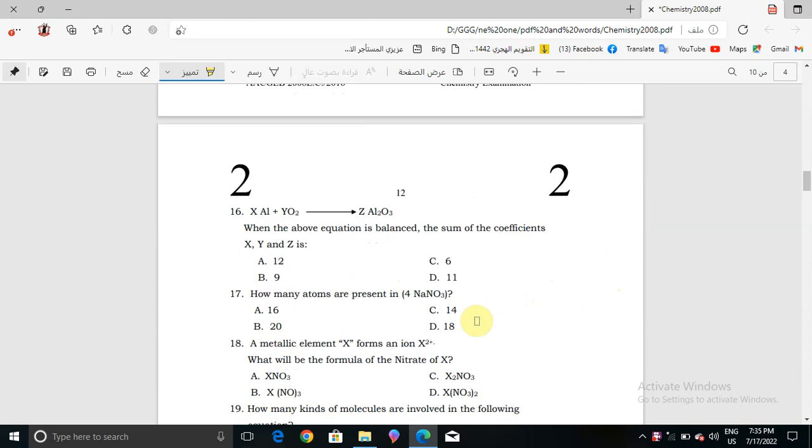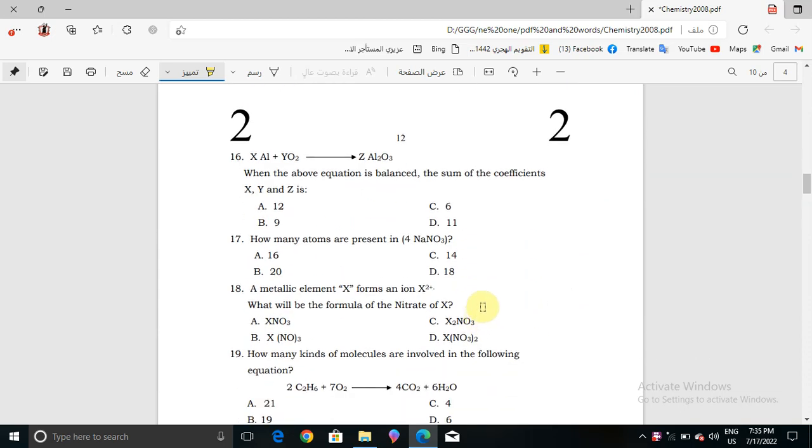Now question number 16, we have here what? Here we don't know the coefficient of aluminium, plus also we don't know the coefficient of oxygen, is equal to the same thing, the coefficient of aluminium oxide. Then when the above equation is balanced, the sum of the coefficients x, y, and z is what?